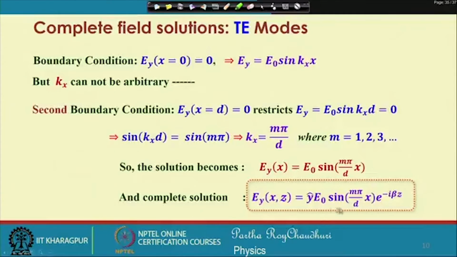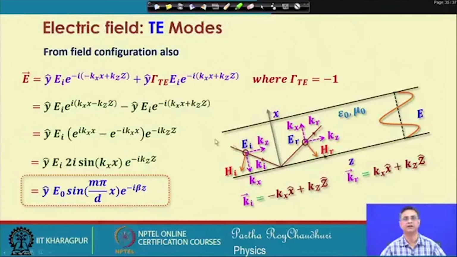You can also bring out this solution, not by doing all these calculations following the wave equation, but simply by looking at the configuration: you have your E field like this, which is incident, and the E field which is reflected with a reflection factor equal to -1, just because this is a metallic boundary, and as a result this quantity will become minus.